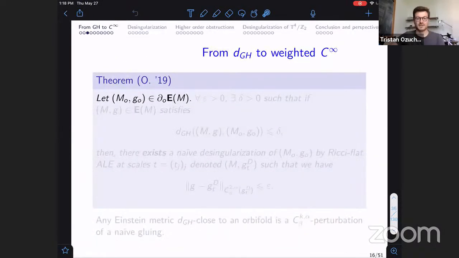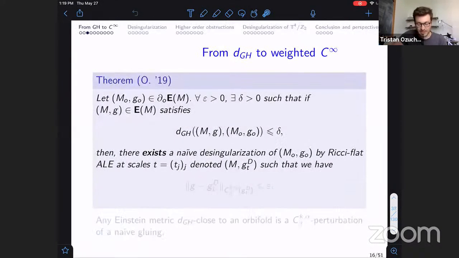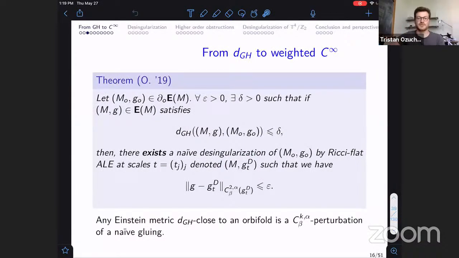In order to motivate my function space, let's have this better convergence than Gromov-Hausdorff. So let's take an Einstein orbifold. If we find an Einstein metric which is close to this orbifold in the Gromov-Hausdorff sense, then there exists a naive desingularization here, g_DT, so that your Einstein metric is not only Gromov-Hausdorff close to the orbifold, but it's close in a weighted order sense to your naive desingularization.